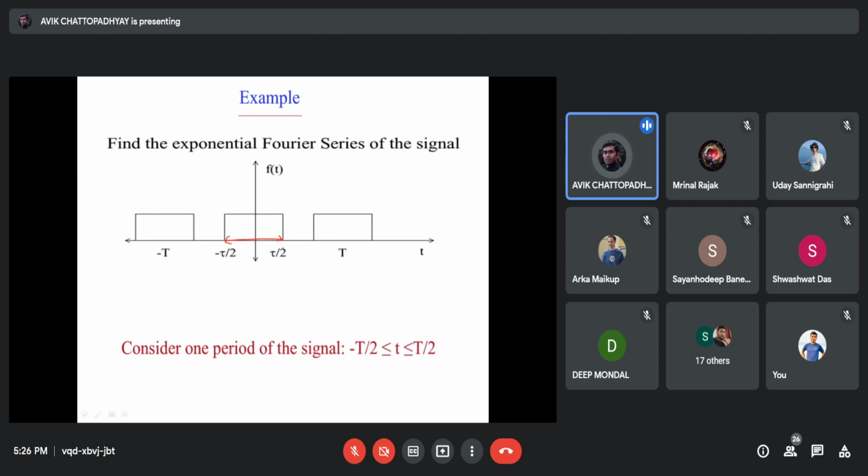In our previous example, last class আমরা যে এক্সাম্পলটা করেছিলাম সেম জিনিস, কিন্তু সেখানে উইথটা ছিল minus t1 to plus t1। মনে পড়ছে, সেখানে জিরো ফ্রিকোয়েন্সি কম্পোনেন্টটা ছিল 2t1 by t0। এখানে কত হবে?